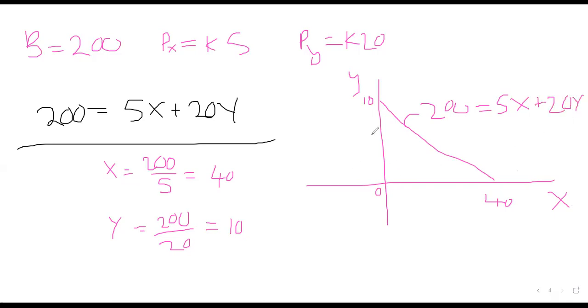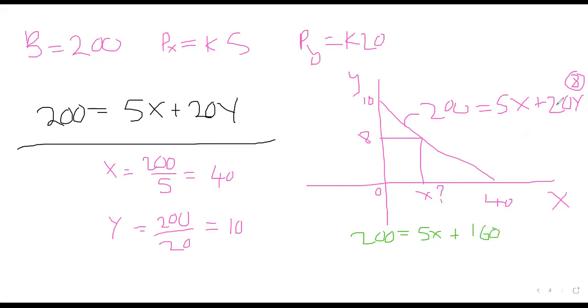Now suppose this consumer wanted to consume 8 units of Y. How many units of X will they consume? We can substitute it in here. So where there is Y, we're going to put 8. Right? So what are we going to have here? We're going to have 200 is equal to what? 5X plus 160.